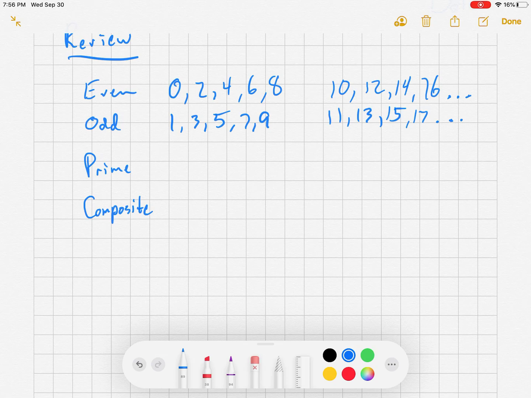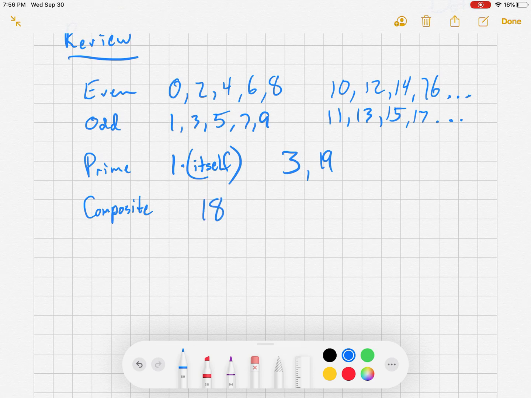So prime and composite, again, numbers that we've talked about before. So quick check on revision on that. Prime numbers are numbers that are always 1 times, I'll just refer to it as itself, right? 1 times itself are the only numbers that will multiply into something. So something like 3, because the only numbers that multiply into 3 would be 1 and 3, right? 19 is 1 and 19.